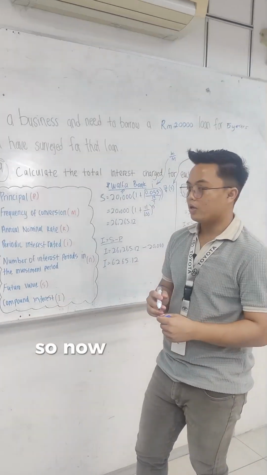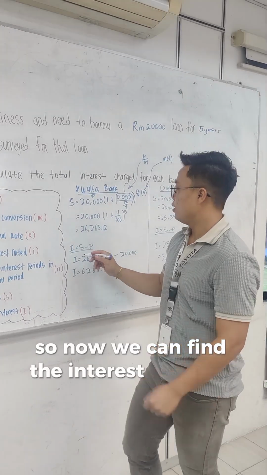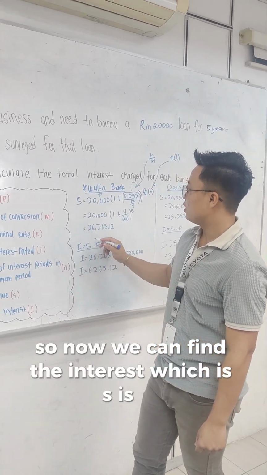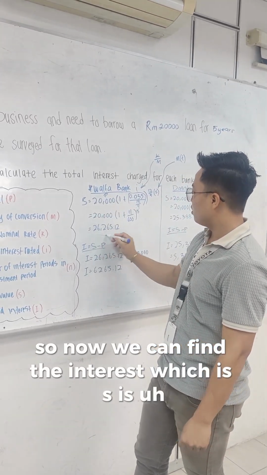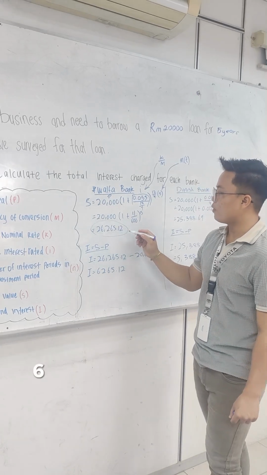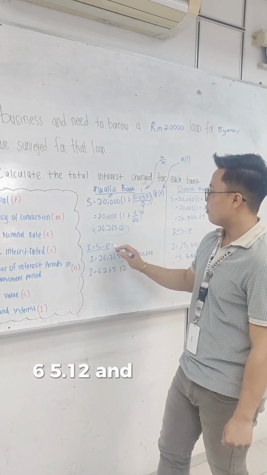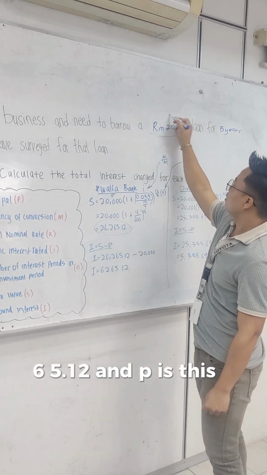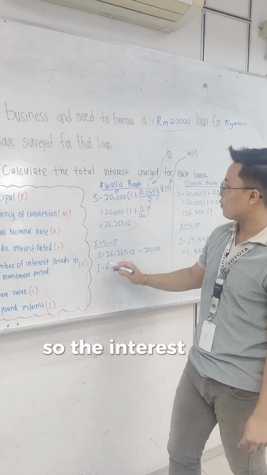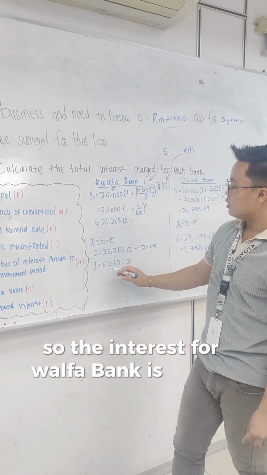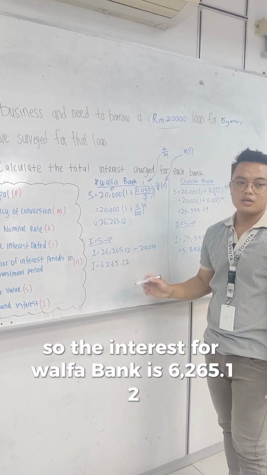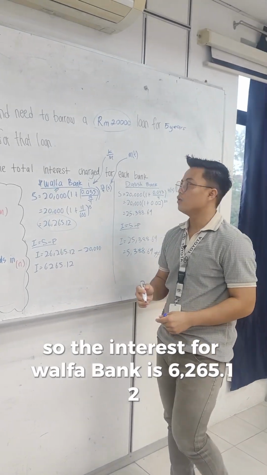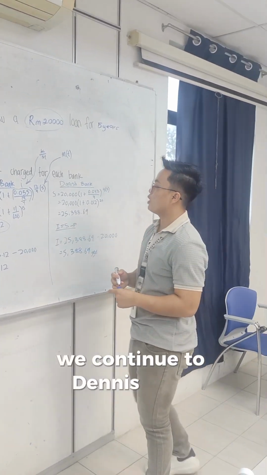Now we can find the interest, which is S, 26,265.12, minus P. So the interest for Walfa Bank is 6,265.12. We continue to Dennis Bank.